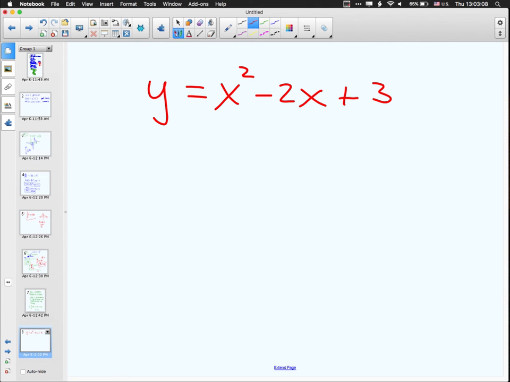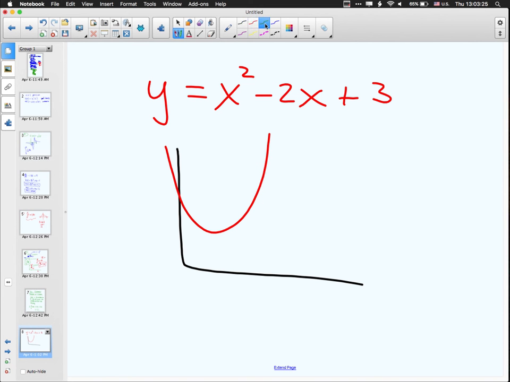So it looks like this. I would like to know what the area from 1 to 3 is. Here it is, 3. This area here.